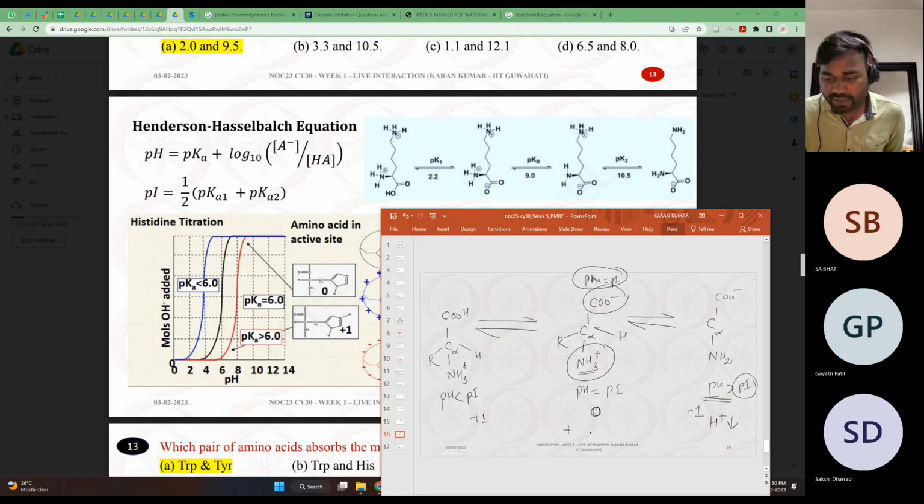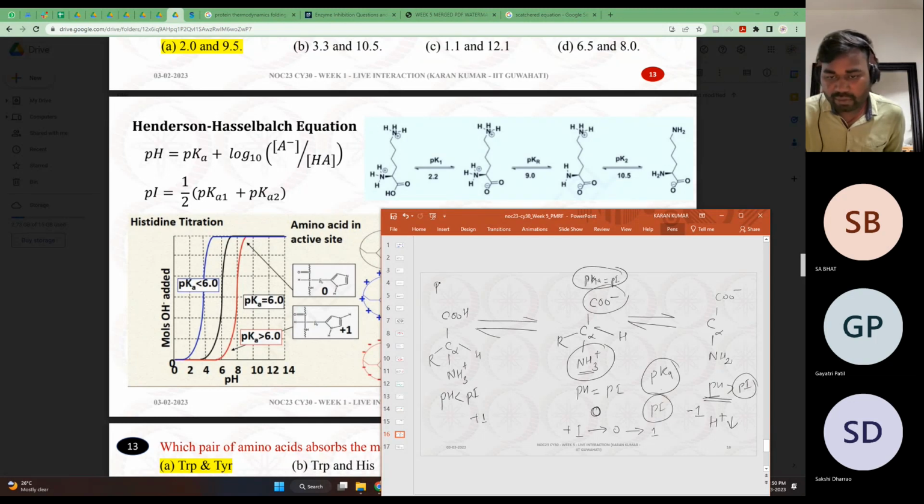When you see the transition of any amino acid from +1 to 0 to -1, you take the average of those two pK values to calculate the correct pI of that particular amino acid.